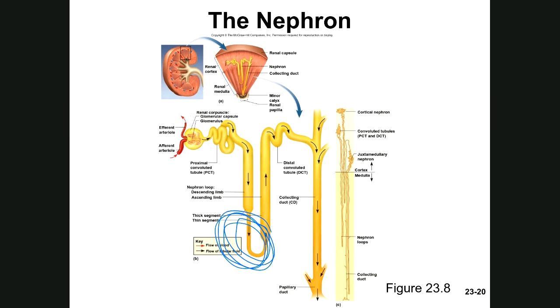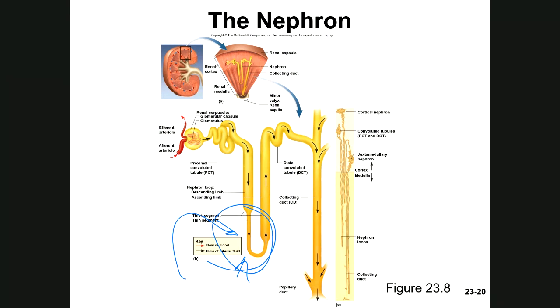These areas over here, the ascending on one side and the descending on the other side, are very thick cells and are impermeable to water, meaning the water cannot pass in that area. The only way that the water can move back and forward is just in that loop. Meaning that when I give a diuretic to somebody, if this is the area where it does its work, okay? A lot of water will come from there.